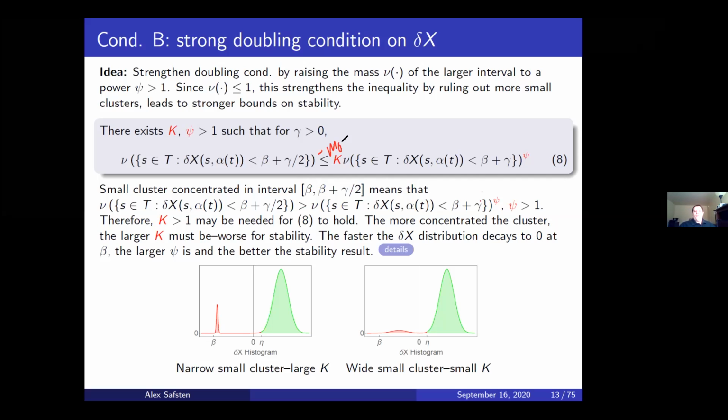It makes the proofs a little more difficult and the slides a little messier, but it's not a difficult fix. Thank you.